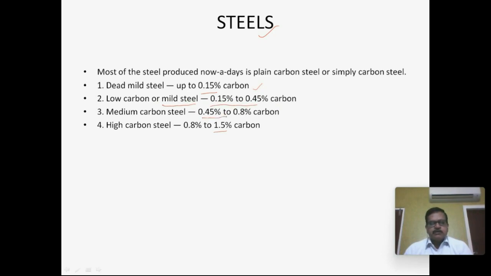And next is medium carbon steel. Medium carbon steel is also used for shafts, gear wheels, etc., and it is having a percentage of 0.45 to 0.8%. And high carbon steel, these are used for cutting materials, and its carbon percentage is starting from 0.5 to 1.5%.